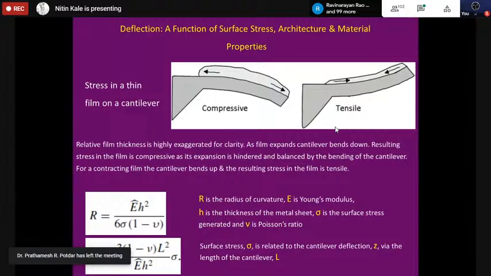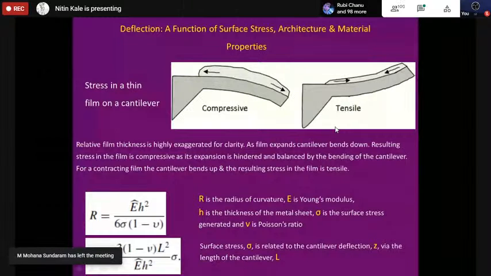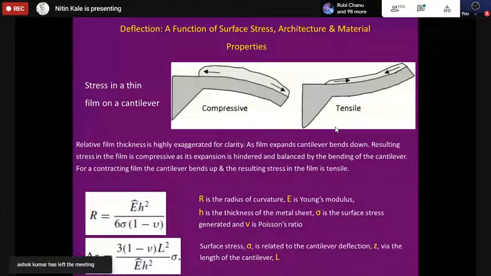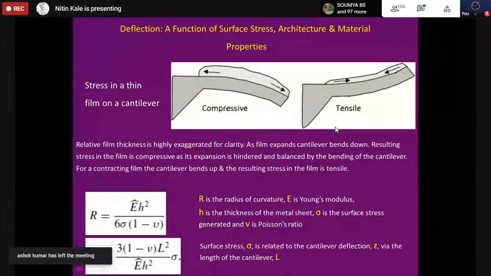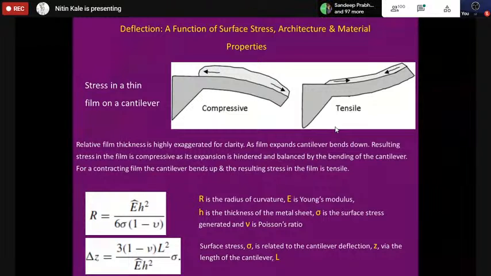For example, it depends on the Young's modulus, the thickness, and the Poisson ratio. And there could be some more things in the equation. But also it depends on the surface stress. So if you can measure the radius of curvature, you will find out the surface stress between the antigen and the antibody.